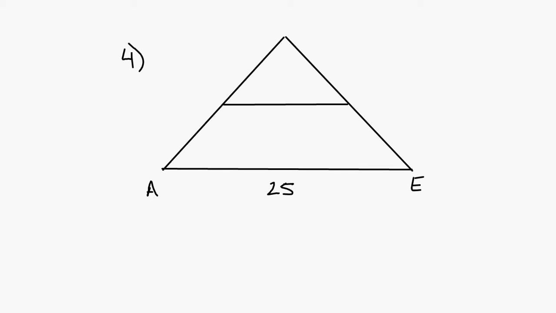Find B to D. If B to D is a midsegment, then it's half of the length of the side that it's parallel to. So what's half of 25? 12.5.